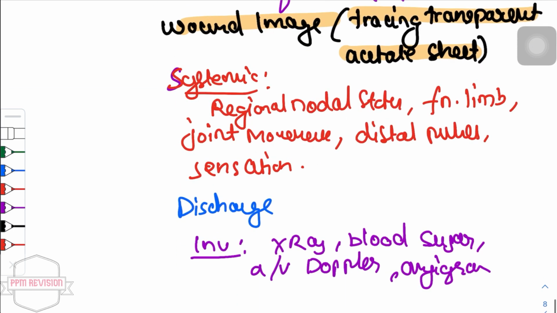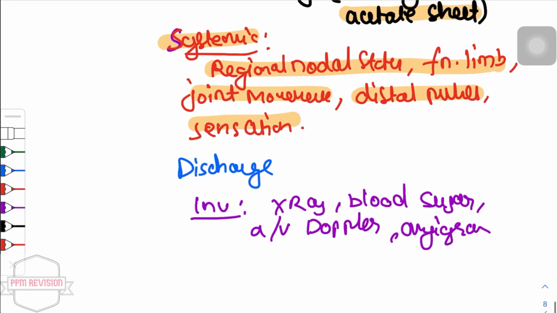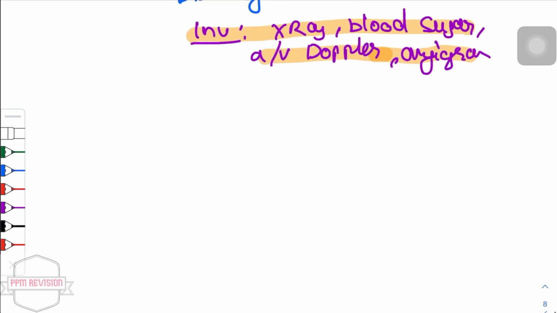Systemically, regional lymph nodes, limb function, joint movements, distal pulses, and sensation should be checked, and discharge should also be looked at. Investigations are X-ray, blood sugar, arteriovenous Doppler, and angiogram. So thank you. We'll be continuing this again in the third part.